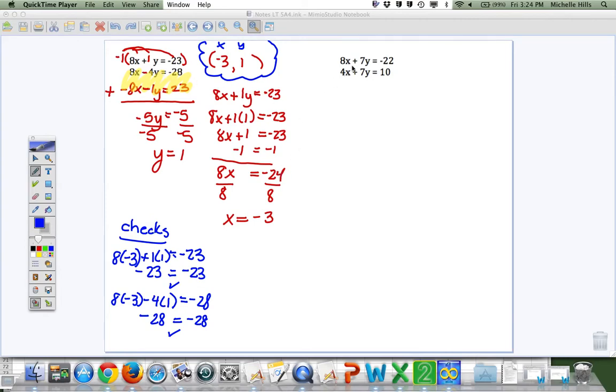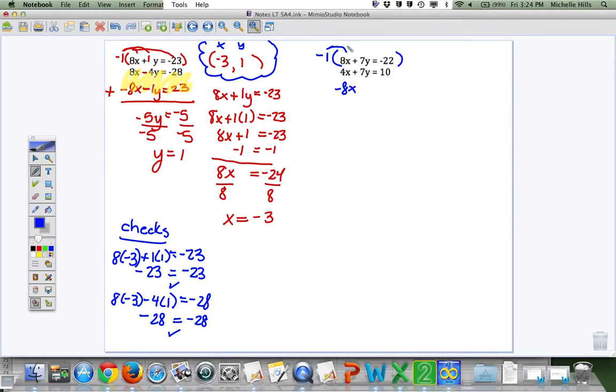We're not going to do this entire example, but what I notice is these are both plus 7y. So I could also just multiply this first equation by negative 1 to get negative 8x minus 7y, because everything gets multiplied by negative 1, equals positive 22.